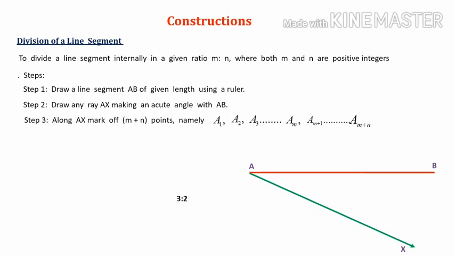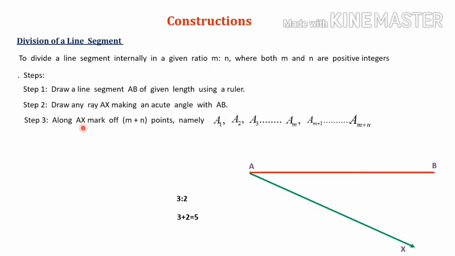For example, if you are asked to divide a line segment in the ratio 3 is to 2, m is 3, n is 2. Quite simple, you have to add m and n, means 3 and 2. 3 plus 2 is equal to 5. So we have to divide this AX into 5 equal portions. That's all. That is the meaning of this statement.